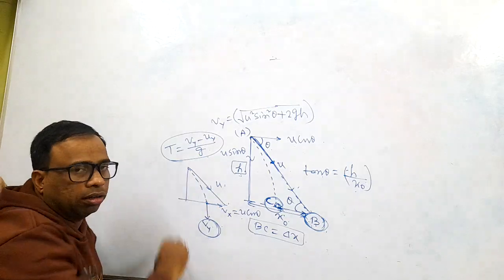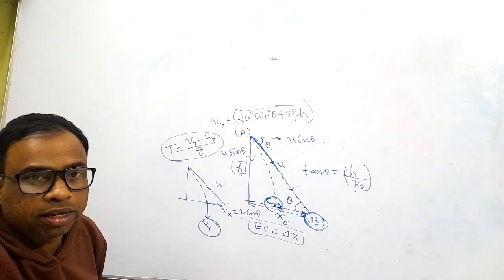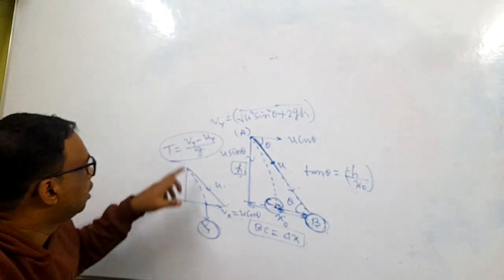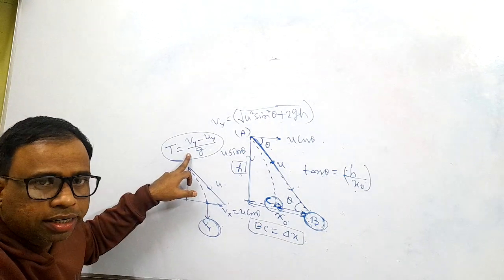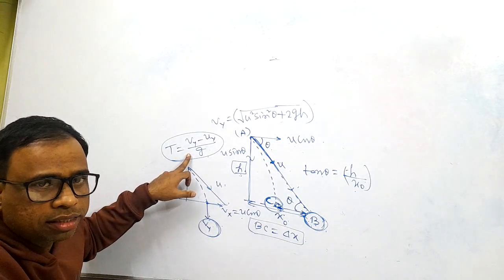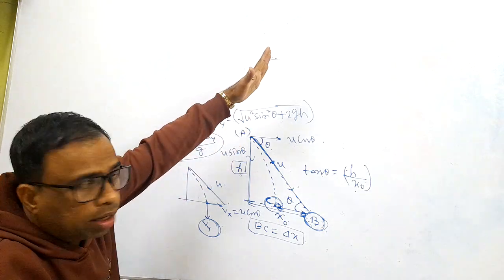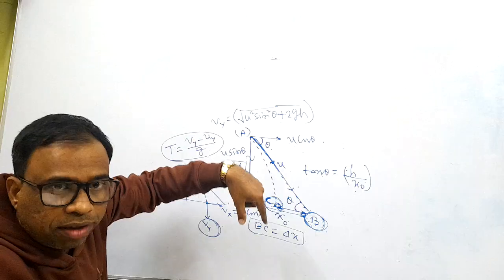That is the formula. Very shortcut for JEE: Vy minus uy by g, and whenever you throw the stone in an upward direction, Vy plus uy by g.